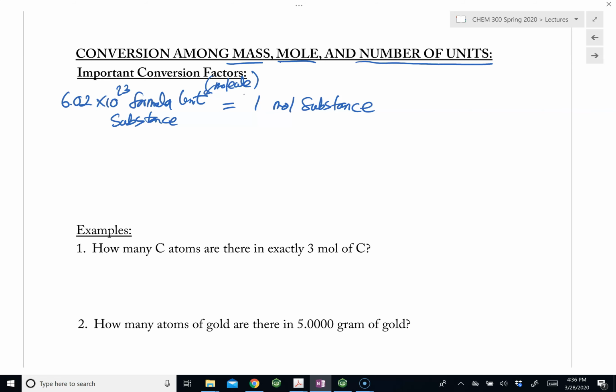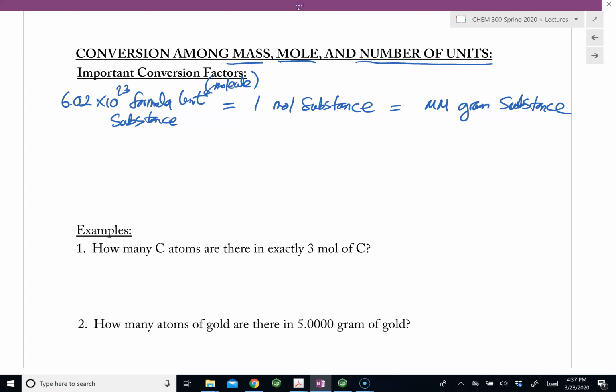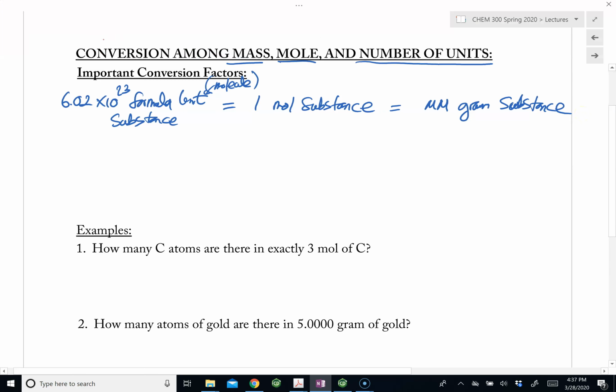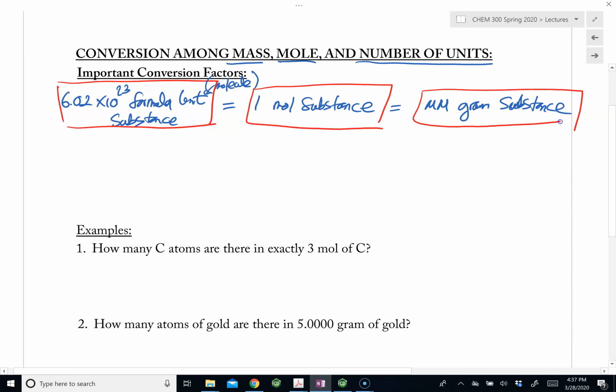And if we have 1 mole of a substance, that would have a certain mass to it, which is equal to the molar mass. MM stands for the molar mass, and the unit is gram of that substance. So again, we have these 3 variables that are equal to each other: formula unit or molecule of a substance is equal to mole of a substance, and equal to gram of a substance.